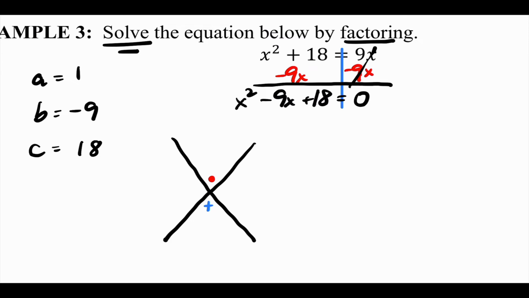A times C goes on top. What is A times C? 18, right? 1 times 18. B goes on the bottom. That's negative 9. So now I have to come up with the numbers that multiply to be 18, but add to be negative 9. So they have to multiply to be a positive number, but add to be a negative number.